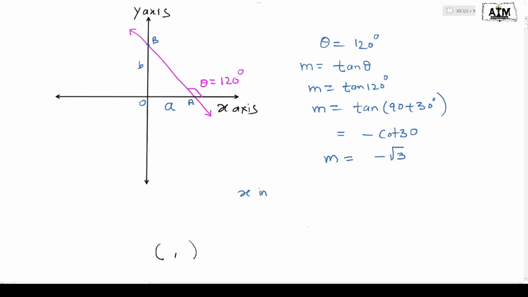So x-intercept of the line is a, and it is positive because it is present in the first quadrant, and y-intercept, it is above the x-axis. So y-intercept of line b is also positive. So in this example, both intercepts of the line are positive.